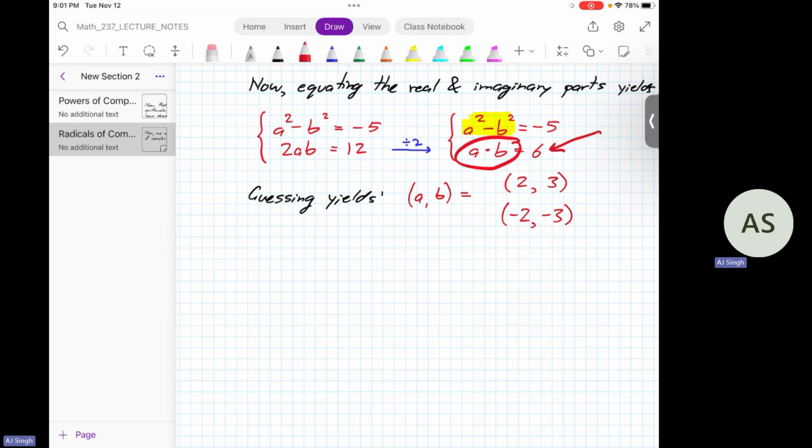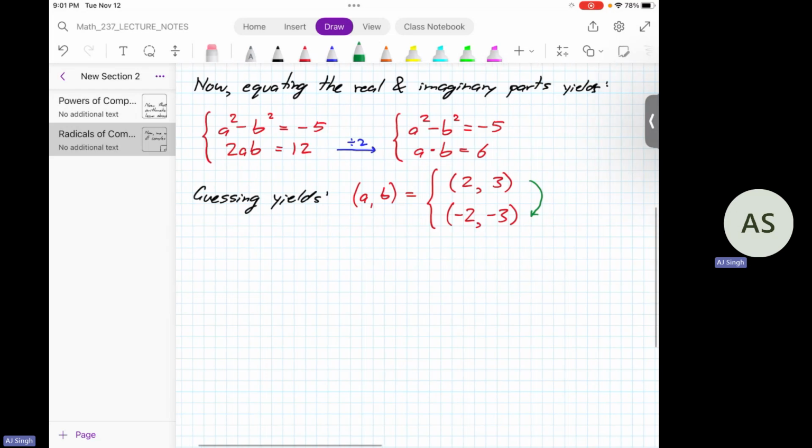Yeah, the negatives cancel out and 2 times 3 is 6. So that will always happen. Once you get one of the solutions, the other one will always be the negative or the negation.